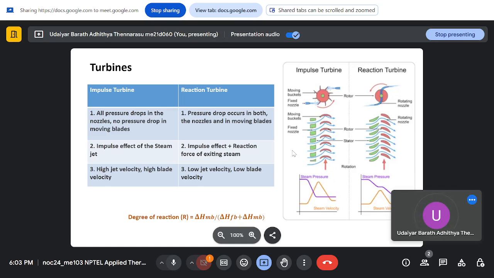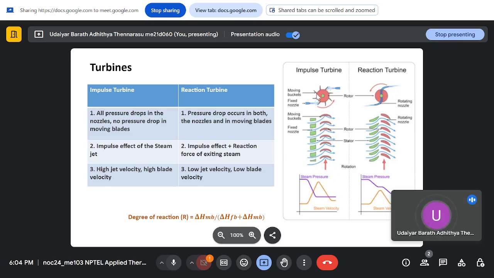As I told, a turbine can be of two types. One is an impulse turbine and another is a reaction turbine. The figure to the right shows the two diagrams. First is an impulse turbine. This rotor is your turbine, which is rotating and producing work.